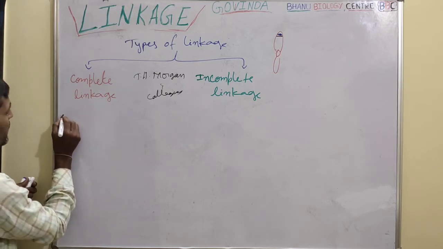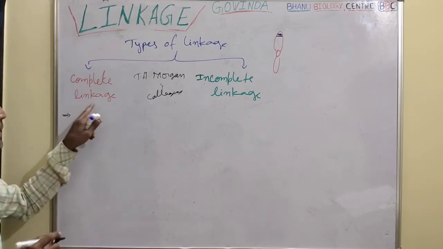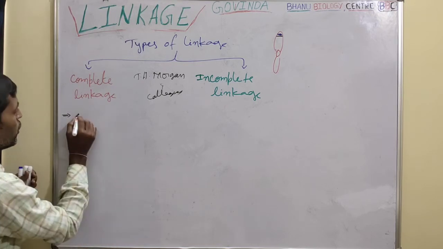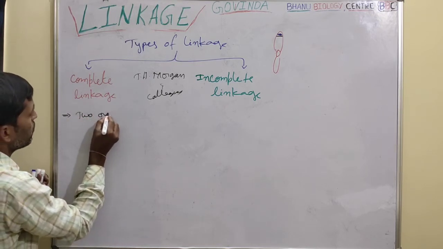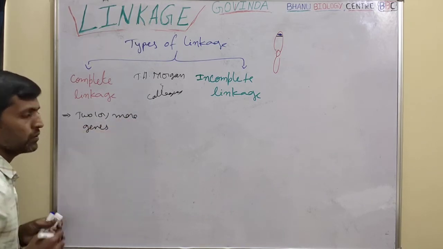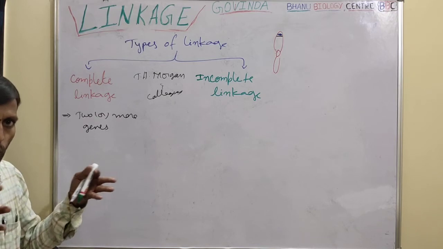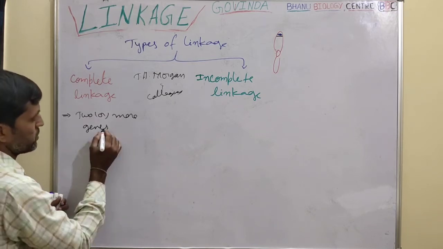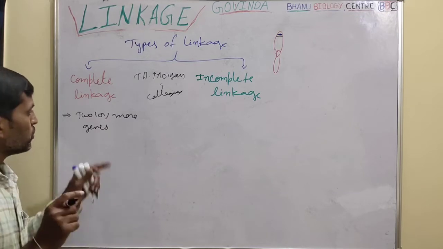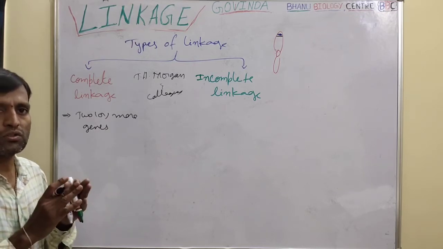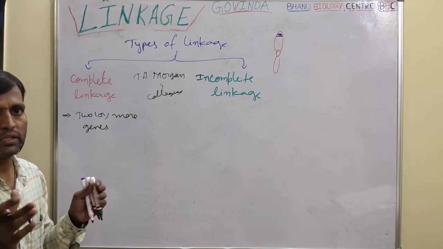What is complete linkage? Complete linkage is a type of linkage in which two or more genes remain together during the inheritance process. Here the linked genes are not separated, so there is no chance of crossing over.